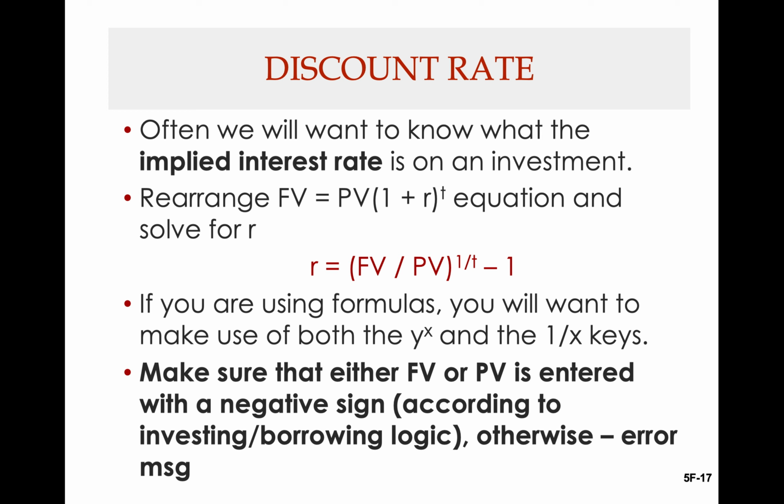If you enter both of these numbers as positive, or both as negative, the calculator will display an error and you will not get the correct answer for your implied interest rate. So again, make sure that either your future value or present value is entered with a negative sign.